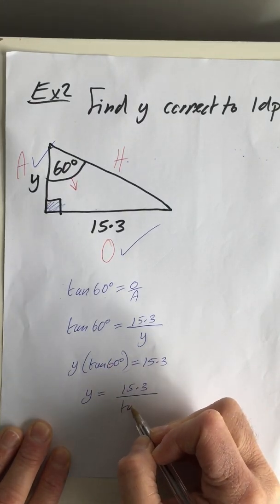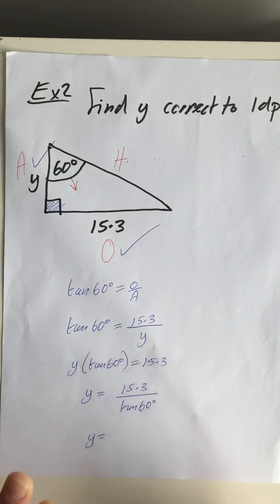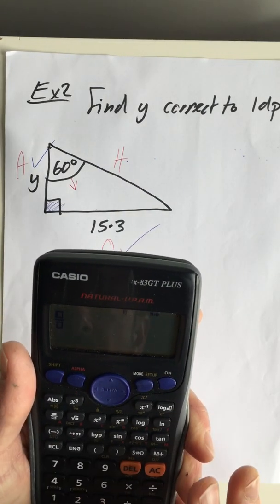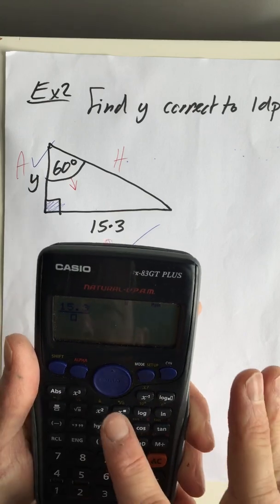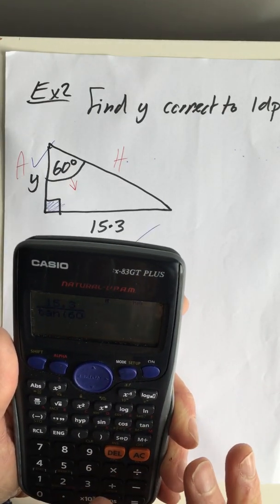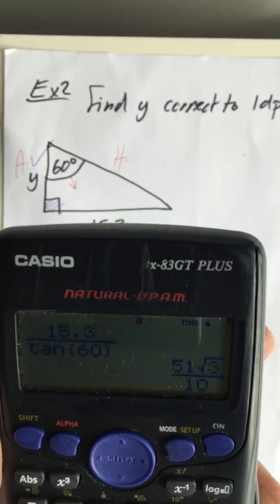15.3 divided by tan 60. And it's this that I need to type into my calculator. So I go fraction, 15.3 divided by tan 60. Double check I've typed it in correctly. Press equals.